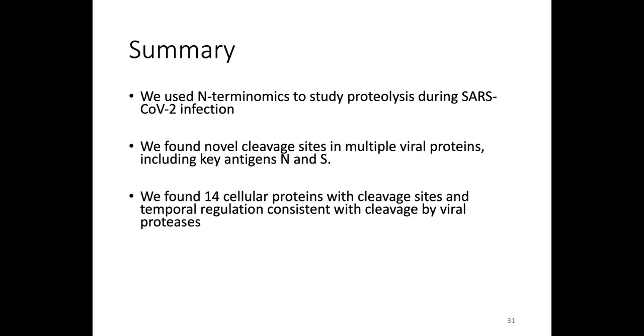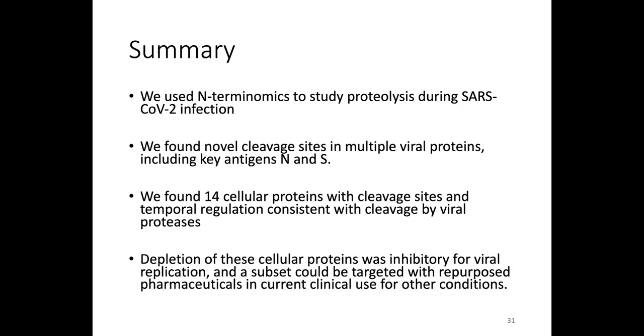We also found a range of cellular proteins with cleavage sites consistent with cleavage by viral proteases, and they showed temporal regulation across the infection time course, matching the increased abundance of viral proteins. Finally, we showed that if we deplete these cellular proteins, it's inhibitory for the virus, and some of these have commercially available inhibitors in clinical use that can be used to inhibit SARS-CoV-2 infection.